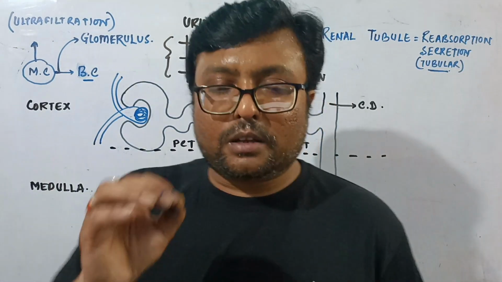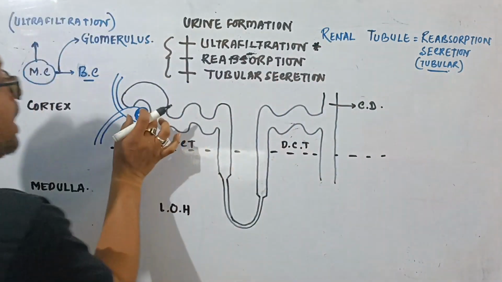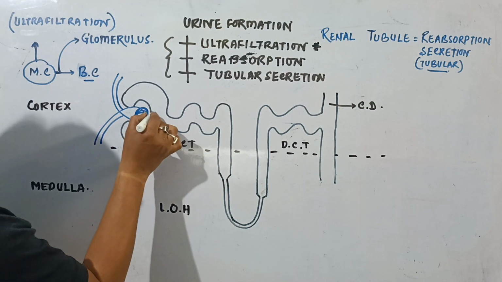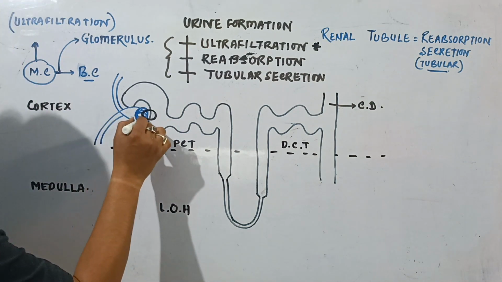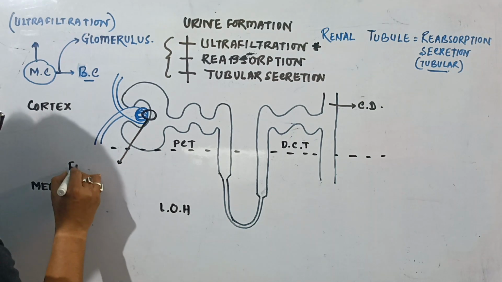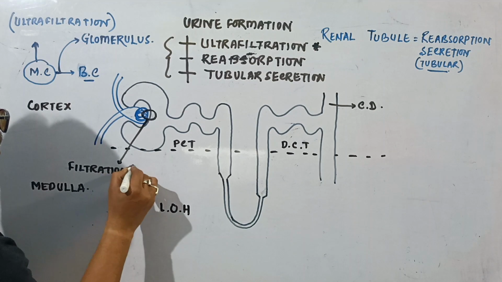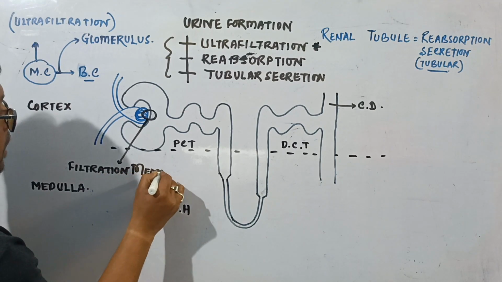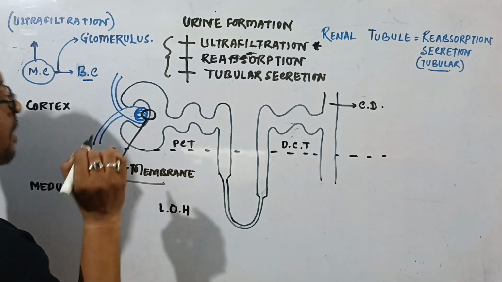As you can see, the first and foremost step is ultrafiltration. তো ওই জন্য আমাদেরকে এই ফিল্ট্রেশন মেমব্রেন এই জায়গায় দেখবো যে একটা ফিল্ট্রেশন মেমব্রেন তৈরি হয়। আমরা আগের দিন ডিসকাস করেছি filtration membrane. This filtration membrane plays an important role in the process of ultrafiltration.